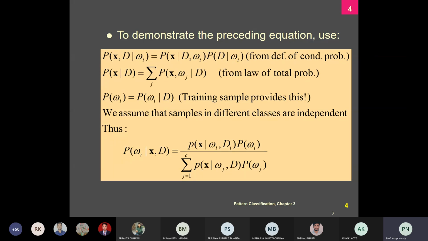If the prior probabilities are known, you can rewrite equation 2 in this way, with P(wi|D) replaced by P(wi). Second, each class can be treated independently, as I already told you, and you can simplify your notation.